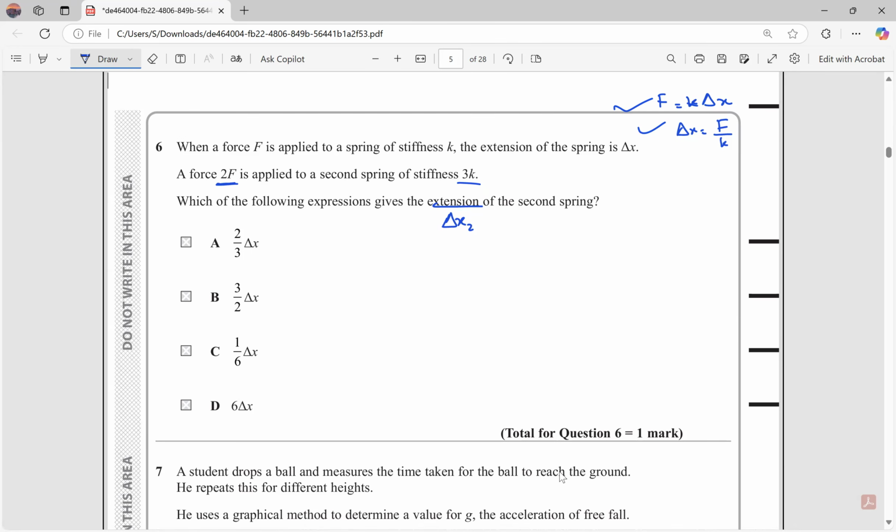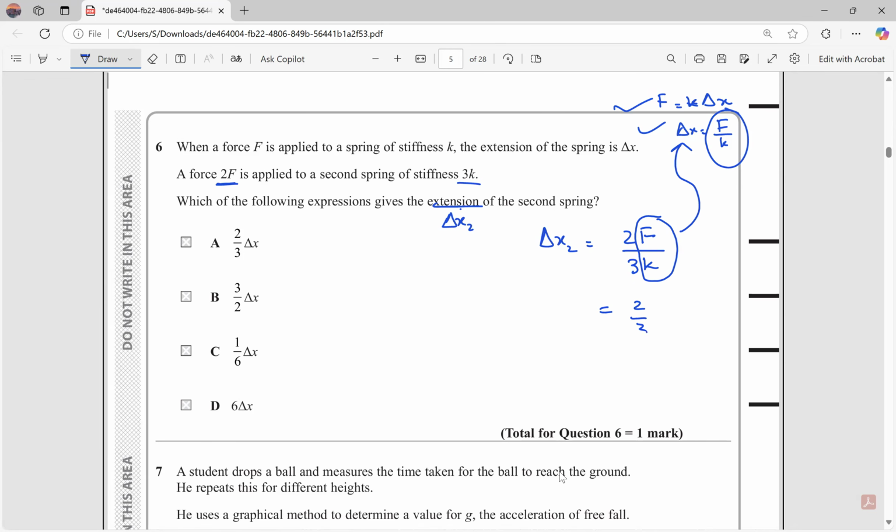Then you write the new thing, which is we're finding extension. Since the extension would change, I'm calling it delta x2. So I know the formula, it's force over extension. Now the force is 2 times F, and the spring constant is 3 times K, right? But what is this thing? F over K. It's the previous extension.